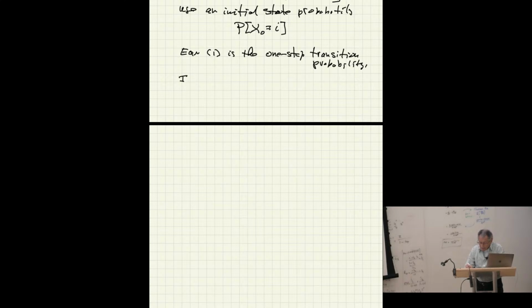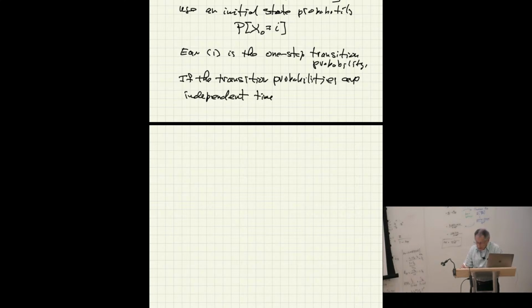Now, if the transition probabilities are independent of time n, and I want to add the word time here, not just put down n, to remind you that's a time index, time n, then we have something called a homogeneous Markov chain.